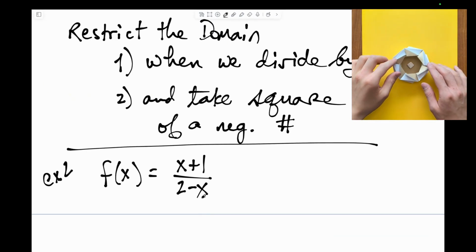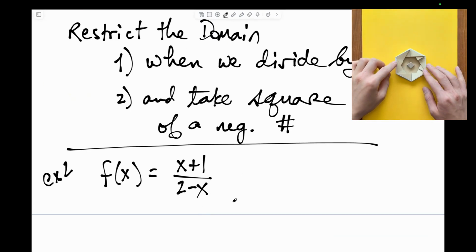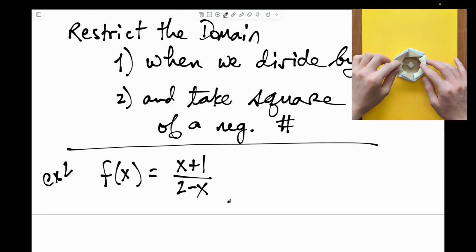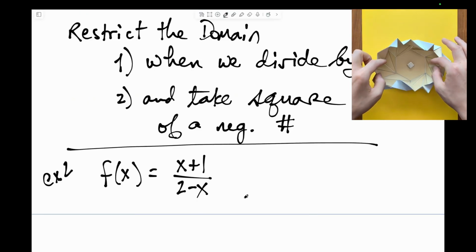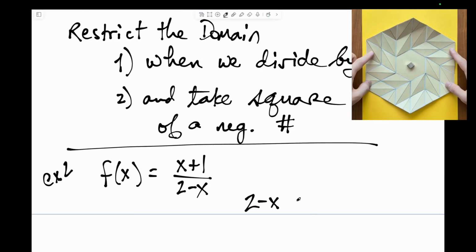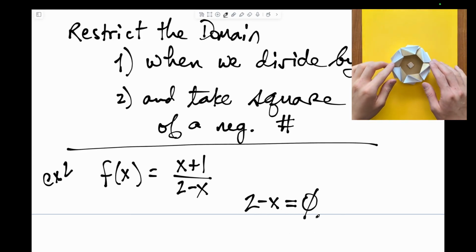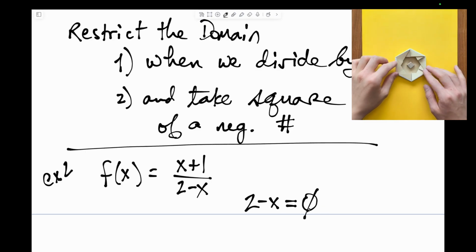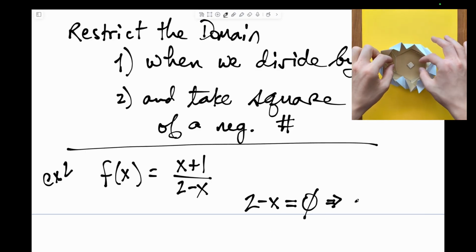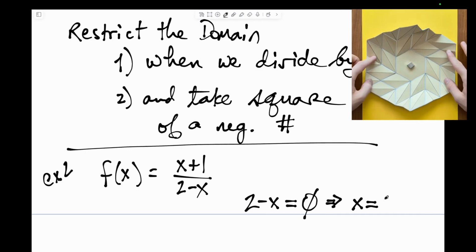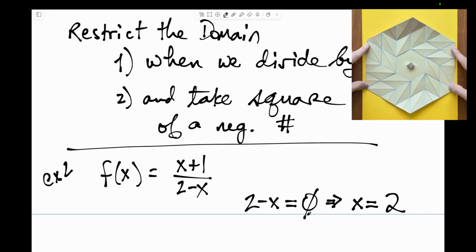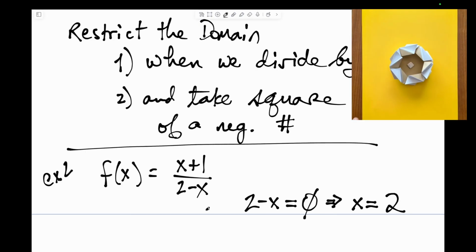The only time we have an issue is when the denominator is 0. We have an issue when 2 minus x is equal to 0, because that means we will divide by 0. So what would make the denominator 0? Well, we see that if x is equal to 2, then the denominator will be 0, and we have an issue.